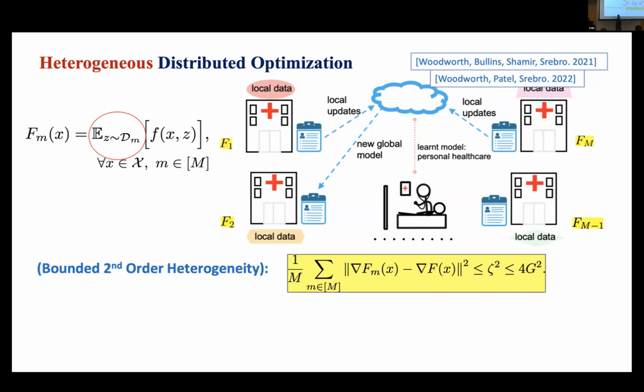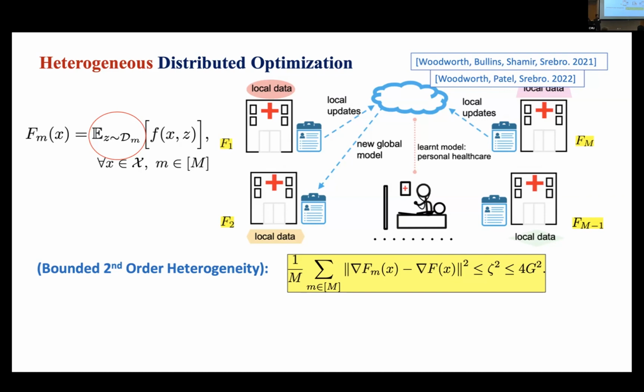Okay, so this xi is actually zero if all the f_m's are the same. But if the f_m's are not the same, but maybe slightly varying, this is not going to be too large. And our performance will depend on the value of xi. If they are drastically different, we can't hope to get any advantage, to exploit this distributed data.